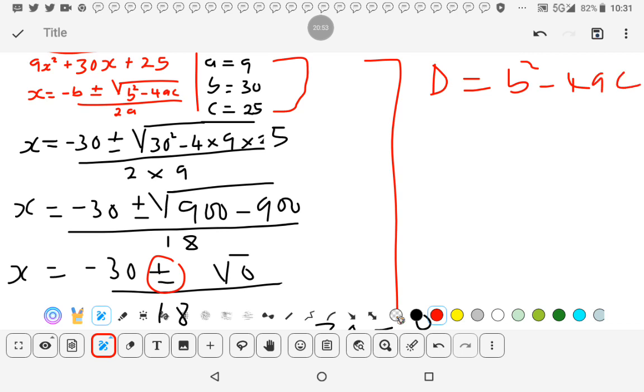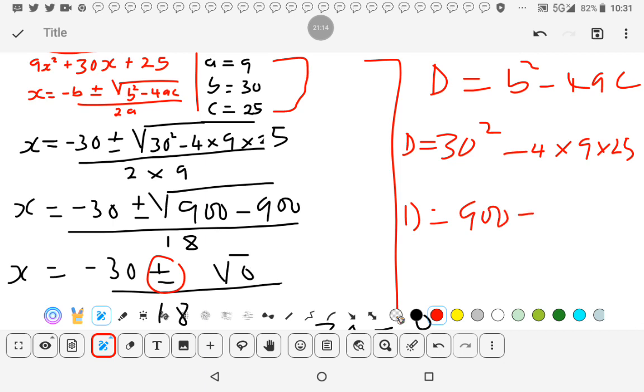If you are asked to calculate only the discriminant, it will now be d equal to b squared, which is 30 squared, minus 4 times 9 times 25. So d will be equal to 30 squared, which is 900, minus 900, because 4 times 9 times 25 is 900. So your discriminant d is equal to 0.